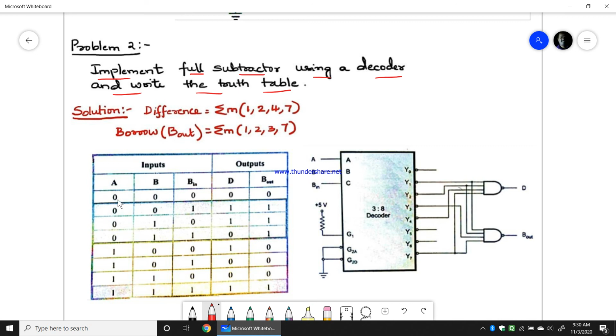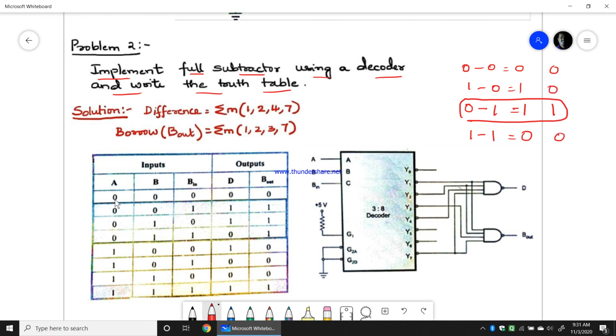Okay, now in full subtractor we all know 0 minus 0 is 0, 1 minus 0 is 1, 0 minus 1 is 1 difference and borrow is 1, whereas 1 minus 1 is 0. So this is what you need to know. 0 minus 1 will give difference 1 and borrow 1. For all others borrow is 0.